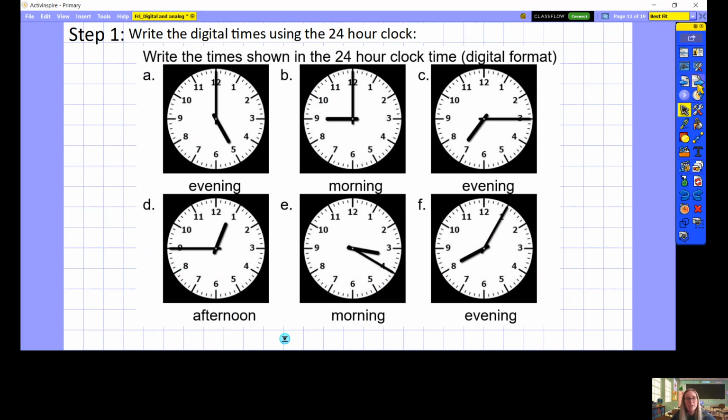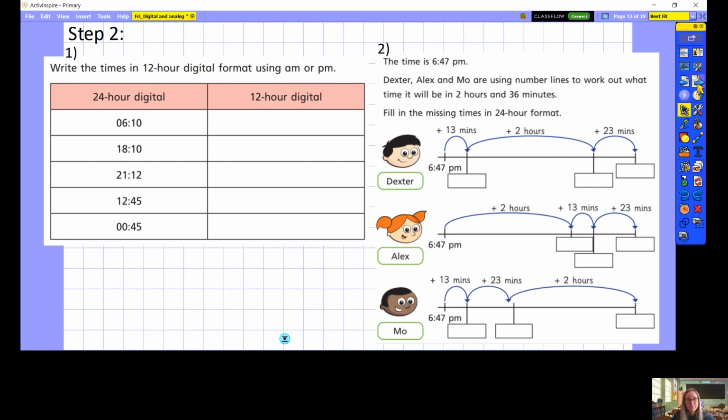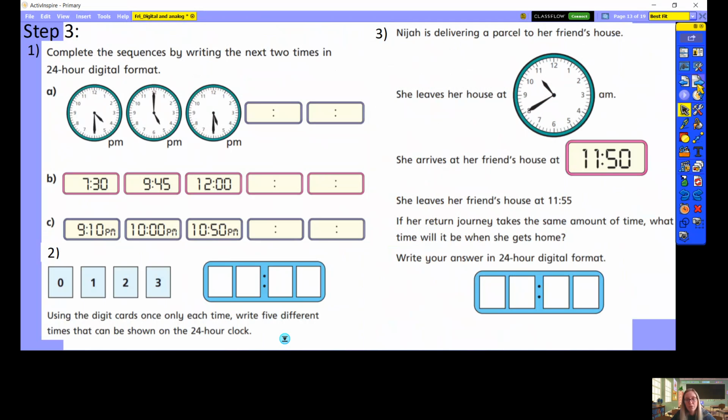So here is step 1. You're writing down the digital times using the 24-hour clock. If it helps to write it as a 12-hour clock first, you can, and then put it as a 24-hour clock. Step 2. Step 3 questions.